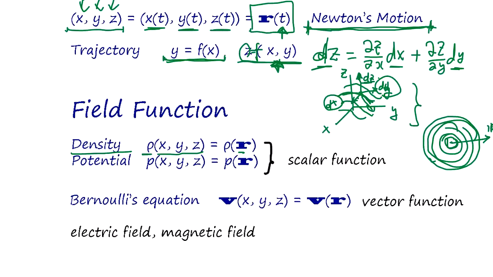The potential field of gravity is the same thing. The gravitational potential is very strong near a planet, right? And the potential field spreads in space this way. So this is a multivariable scalar function.